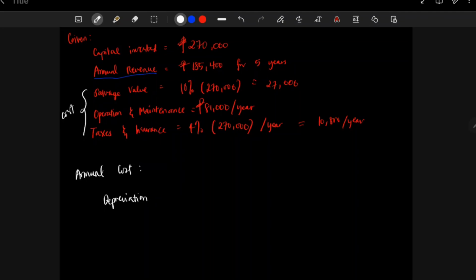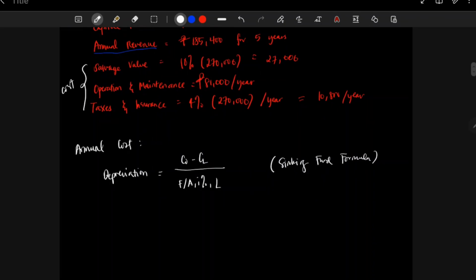The method that we will be using is the sinking fund formula, because it accounts for the interest of money. Depreciation is equal to C sub O minus C sub L over F given A at I percent, L years. That is the depreciation in the sinking fund formula. It means there is a fund that accumulates so that the cost of depreciation is counted in the annual cost.